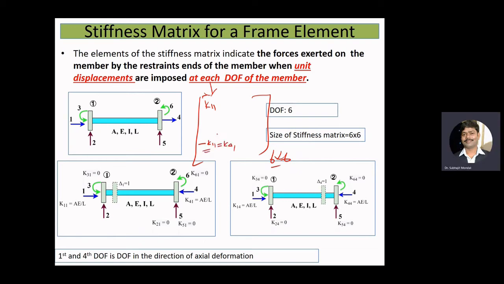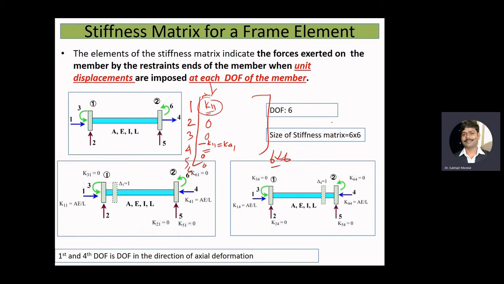The minus sign corresponds to the negative direction with respect to K11. Okay, so here you can write 1, 2, 3, and this is 4, 5 and 6. Okay, so this value will be 0 here.